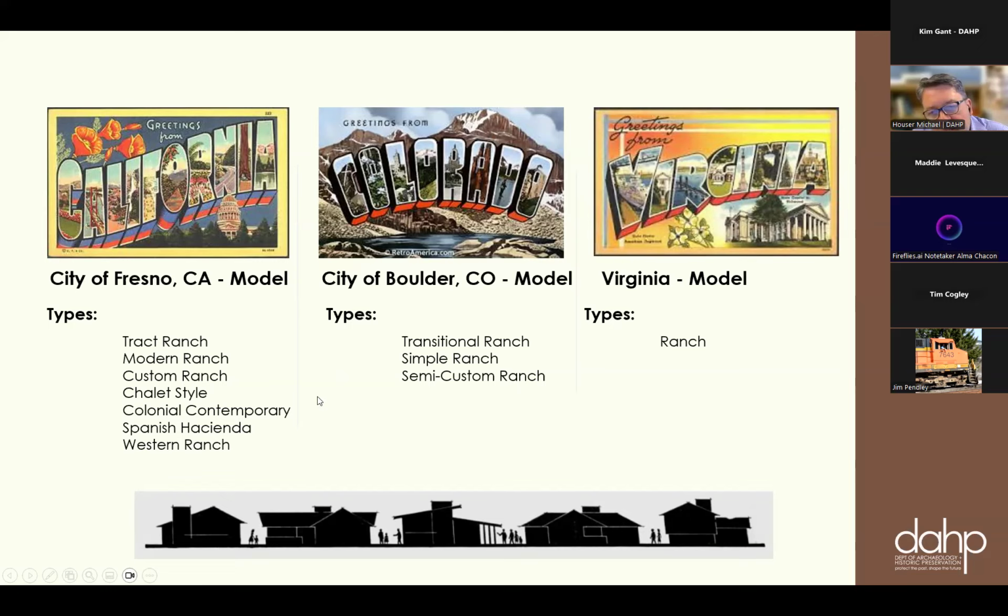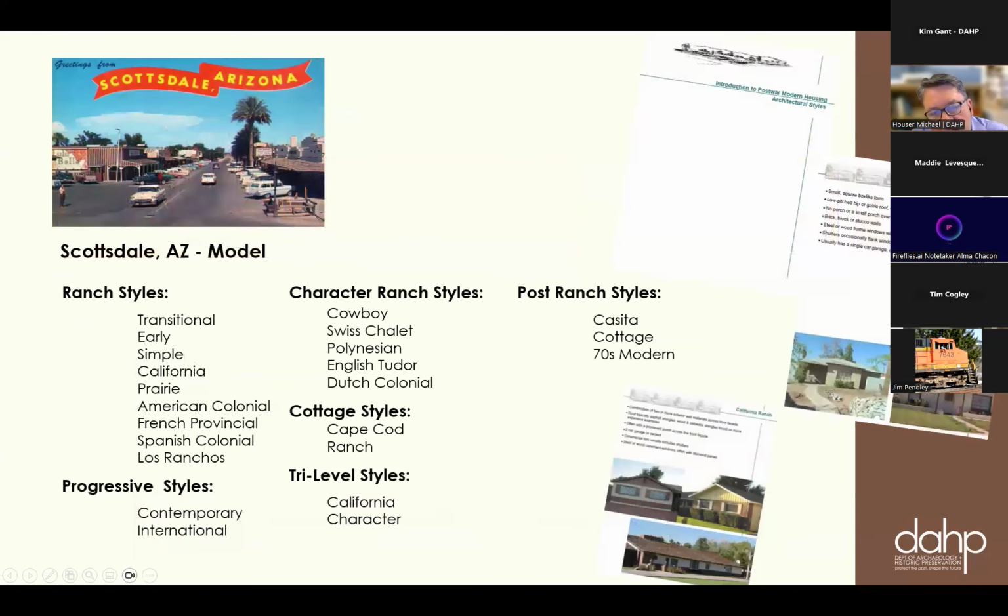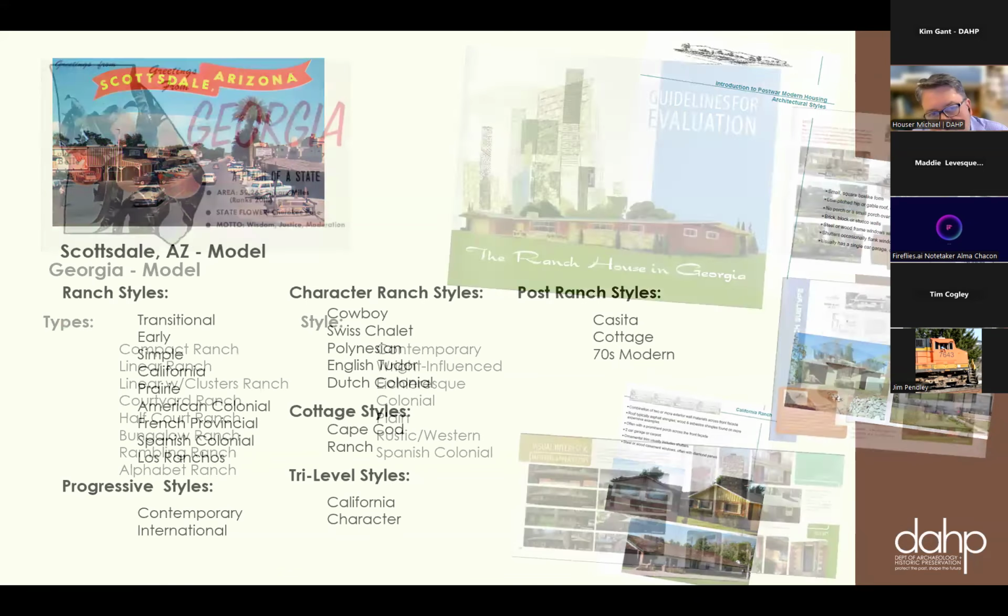I don't know what a semi-custom ranch is versus a simple ranch versus a transitional ranch in Boulder. If you went over to Scottsdale, Arizona, they've gone full in on describing the ranches in terms of the style, breaking them down by big style types. That's a fun one to look at.